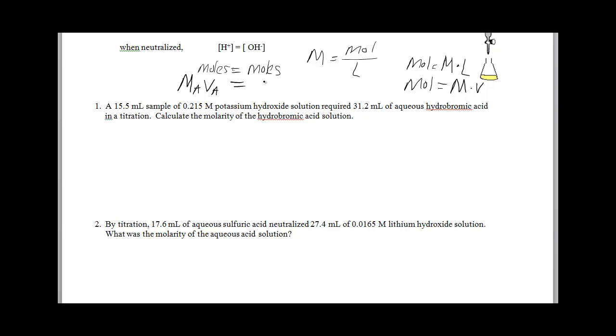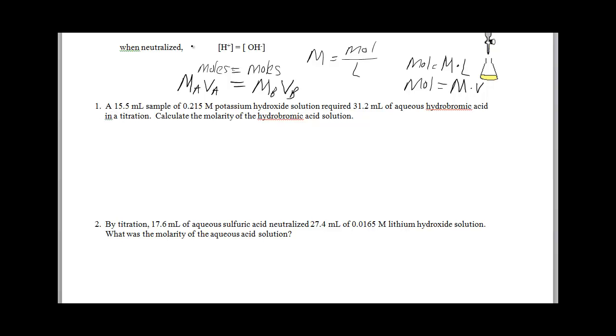How about for the hydroxide? It's going to be the moles, the molarity of the base times the volume of the base. This looks very similar to M1V1 equals M2V2 because it is the same concept, that the moles are equal at that point.